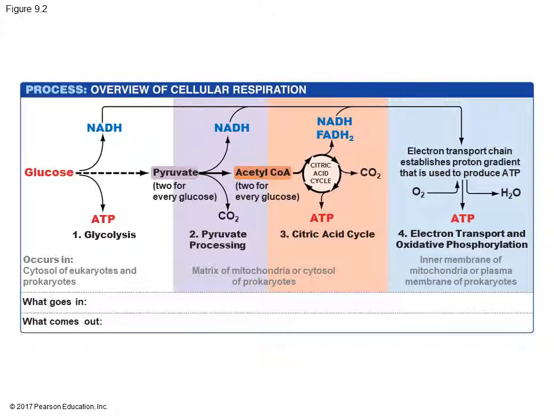They all go to the inner membrane of the mitochondria. And also oxygen goes in at this step. Oxygen and all those electrons and protons, and what comes out? ATP and water. So remember, oxygen is reduced to form water, and most of the ATPs are made in step 4.